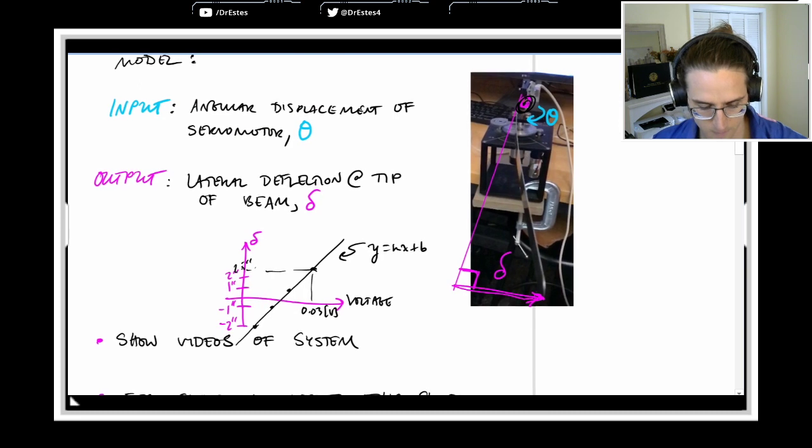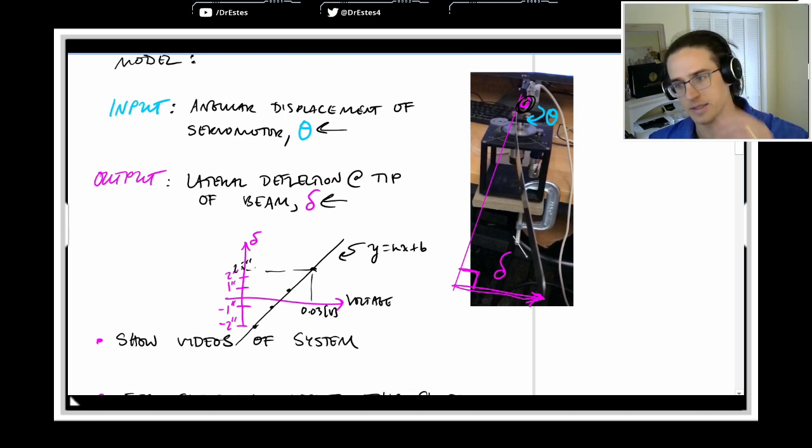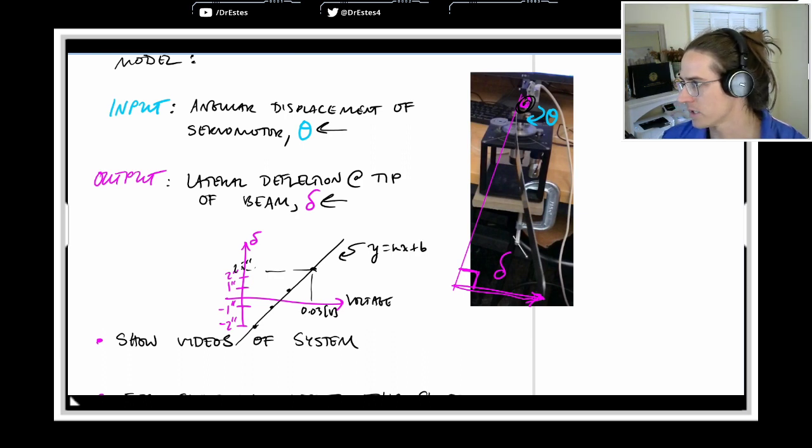So we want to find the model that relates theta to delta. And this is what you have to do if you're designing a vibration suppression control system for a satellite or for a helicopter blade. You have to have a relationship like this to help you design that control system.